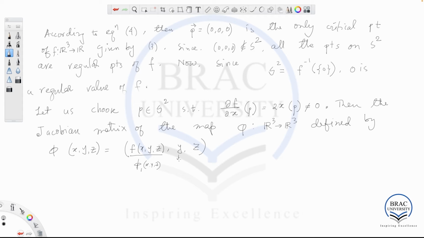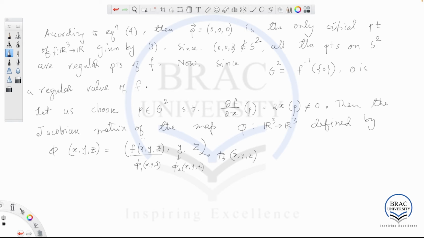This is phi 2 of x y z, and this is phi 3 of x y z. So the three components of this map phi are defined by f of x, y, z, y, and z respectively.